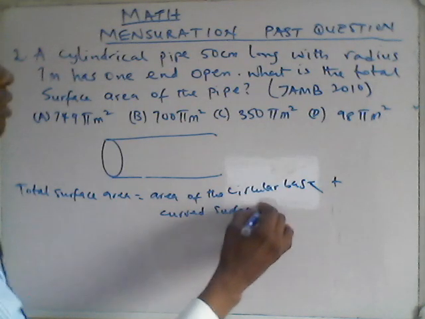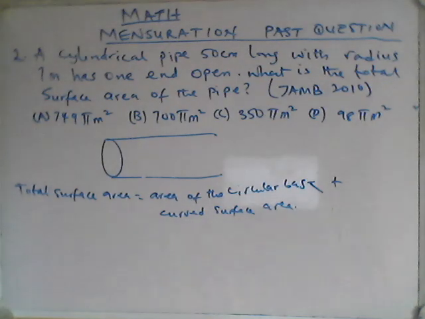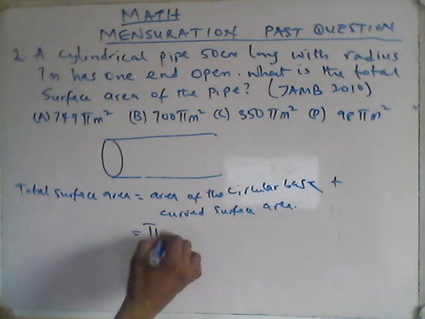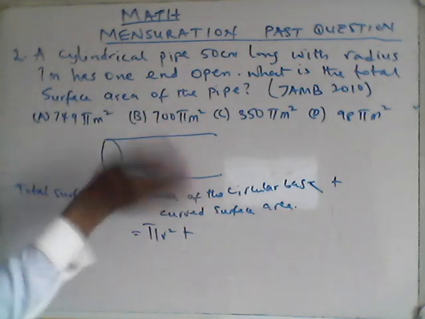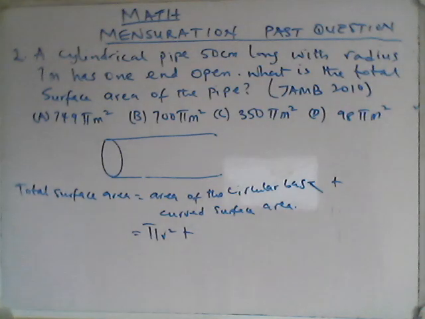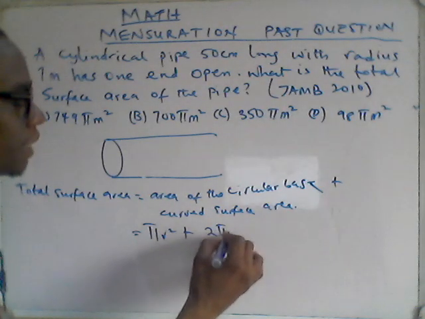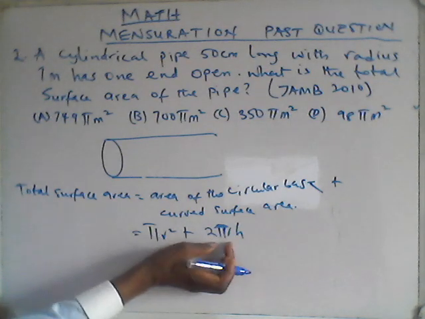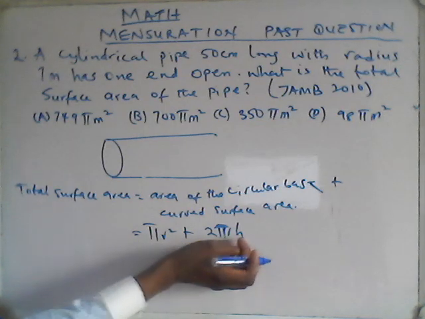Okay, so now I can quickly write it. Area of the circular base is pi r square plus area of this curved side will give me 2 pi r h. You know this 2 pi r, there is the component of the circumference and the component of the height. You understand? To form area like this.